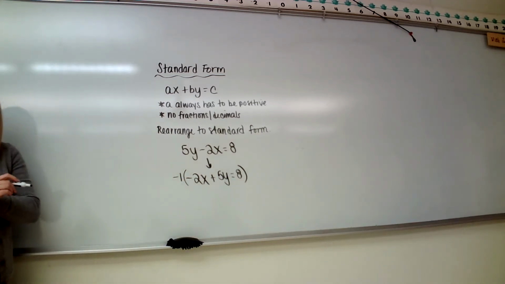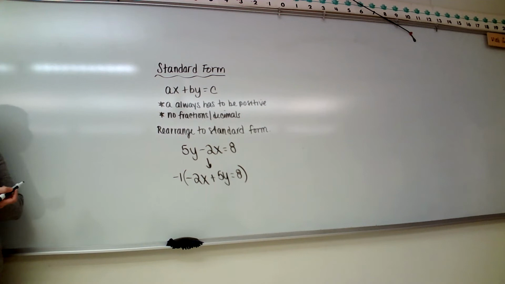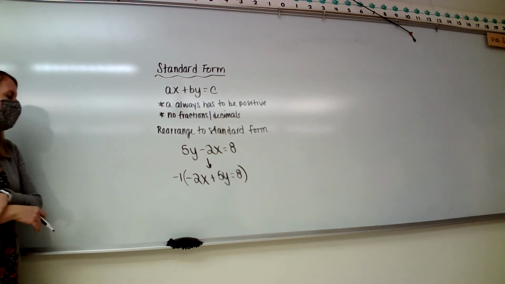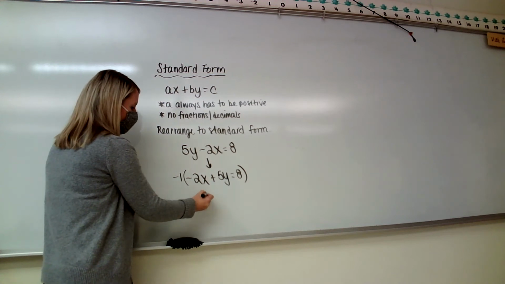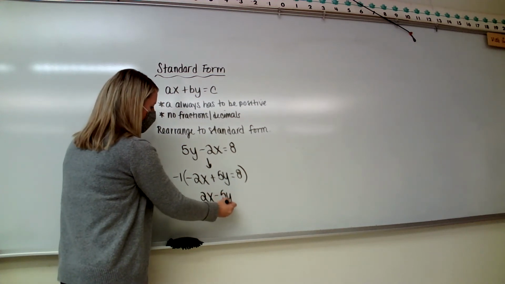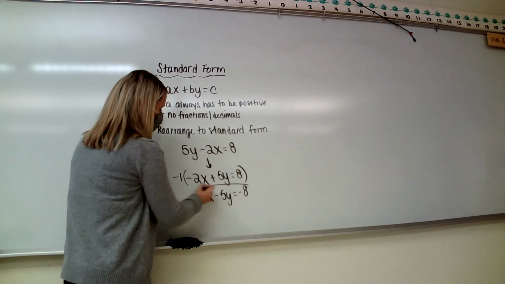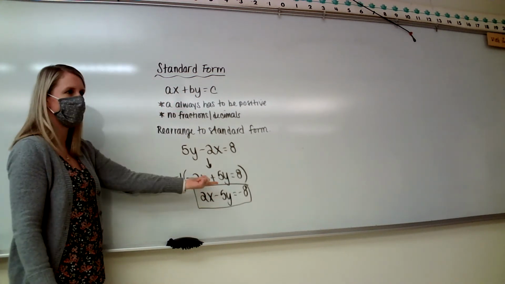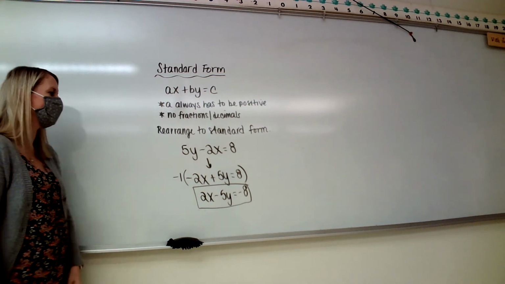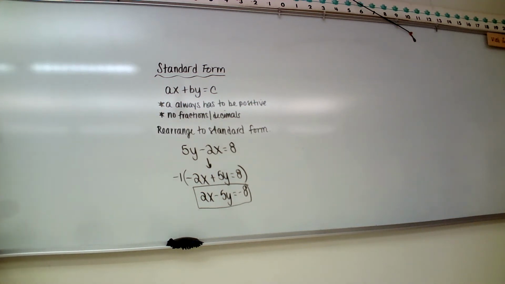If you ever have to change the signs in your equation just because it's going against a rule, you can multiply everything by -1, not just the first term. So that would give me 2x minus 5y equals -8. And just as a heads up, I know this is a plus here. You can have a minus there as well. So that's not necessarily a rule that it has to be positive. You can subtract terms.